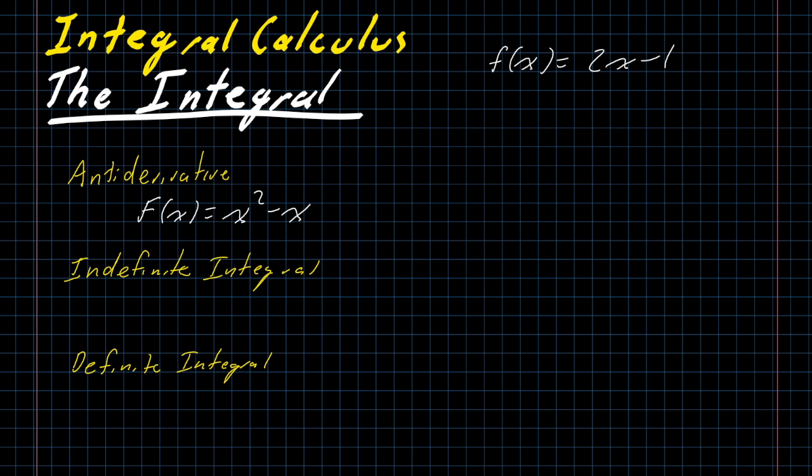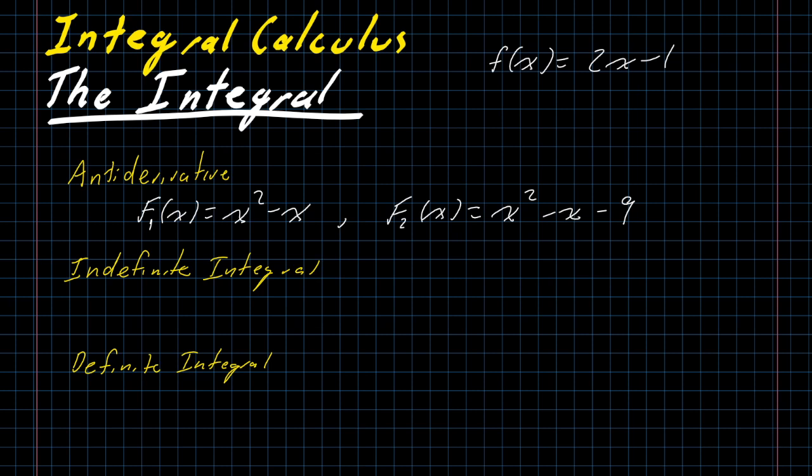That is an antiderivative. But that's not the only possibility. If I call this F1 of x, I might also have big F2 of x, which is x squared minus x minus 9. If you take the derivative of x squared minus x minus 9, you will again end up at 2x minus 1. That's another antiderivative.